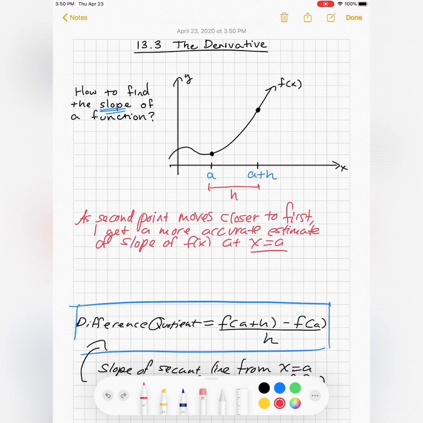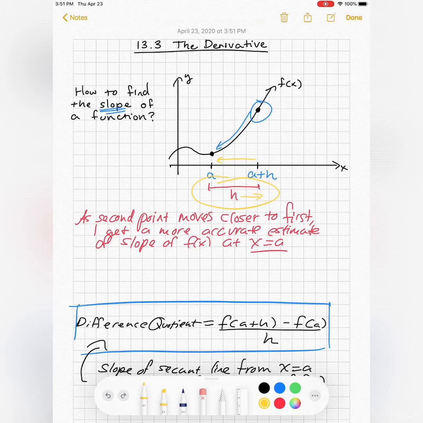So what we do here is we say, okay, so if I'm taking the second point and moving it closer and closer and closer to the first point, what is happening to the value of h? So as the second point moves in on the first point, isn't h getting close to 0? In other words, the distance between the 2 points is going to 0.